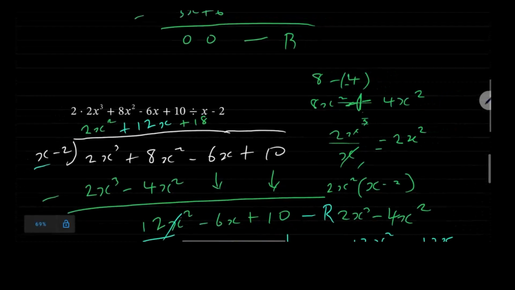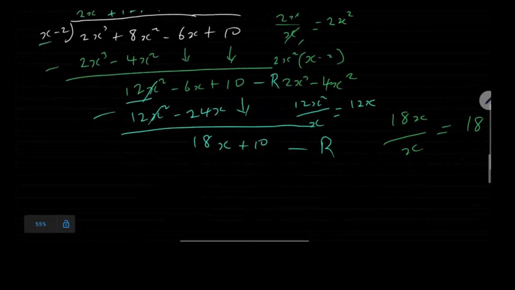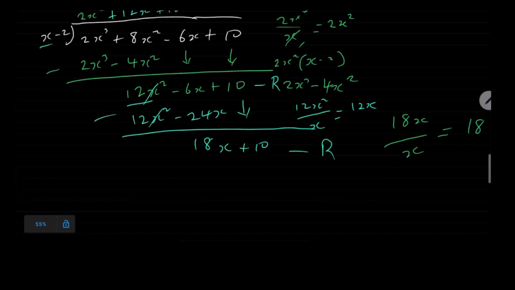Now what to do next is to multiply this 18 by the divisor again. So realize that all the quotients are being used to multiply the divisor, so that we are able to eliminate the x in it. Now when we multiply 18 by x, we are coming back to 18x. And then when we multiply 18 by minus 2, we are getting negative 36.